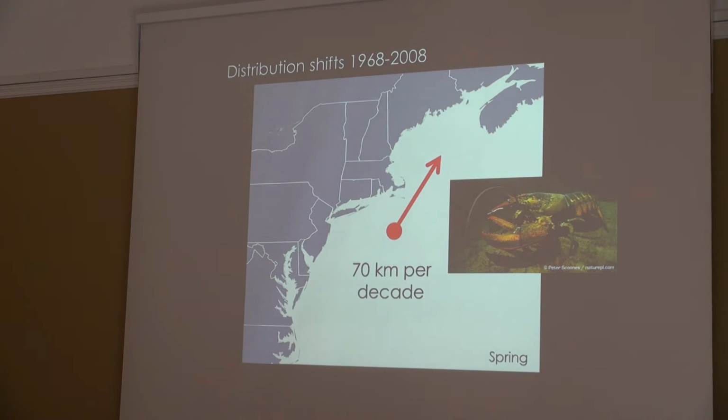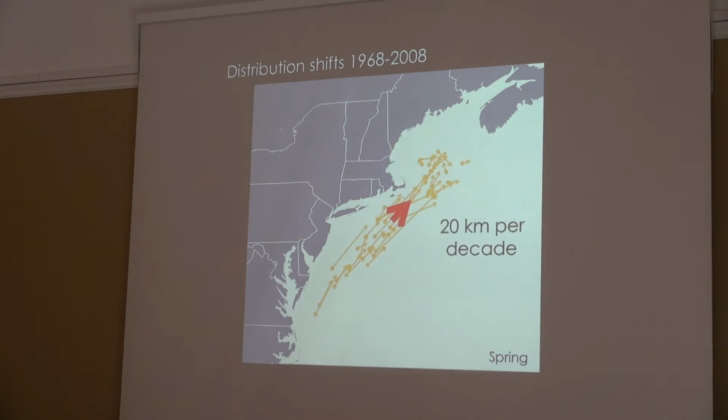On the other hand, this data set is good not just for looking at single species, but actually many species. So each of these orange arrows in this case is a different species in this data set. And you see, similar to that terrestrial example I showed you earlier, there's a lot of variety across species. Some moving north, some south, some not moving much at all. The average is this red arrow, about 20 kilometers per decade to the northeast.